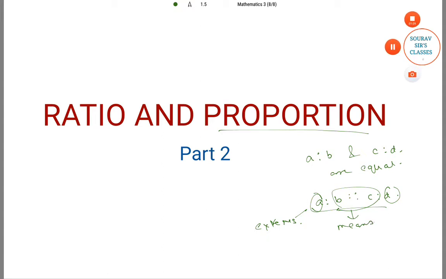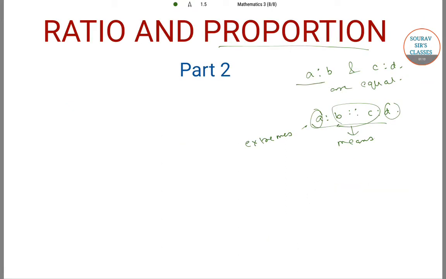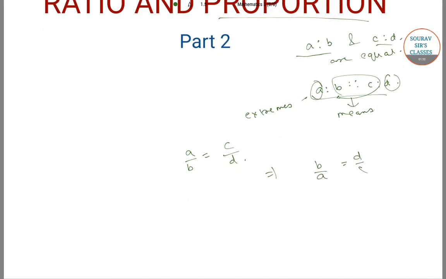Now, if A is to B and C is to D are equal, therefore we can say that A by B is equal to C by D. Then this would imply that B by A is equal to D by C. This is called invertendo.